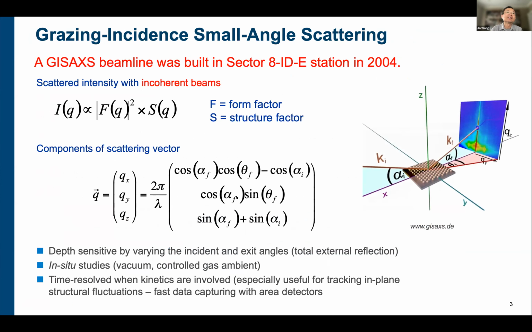The reason we really liked it is that by changing the incident angle and exit angle, we can see more. In the old days, working in Sunny's group, we were doing rocking scans in different directions with point detectors.